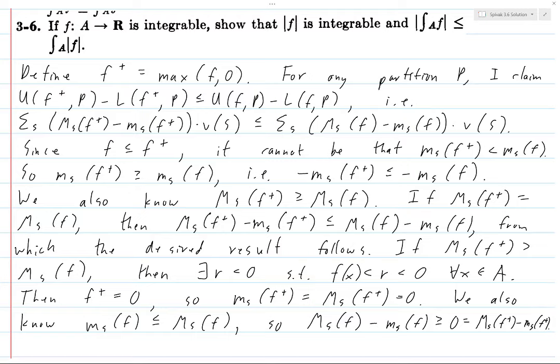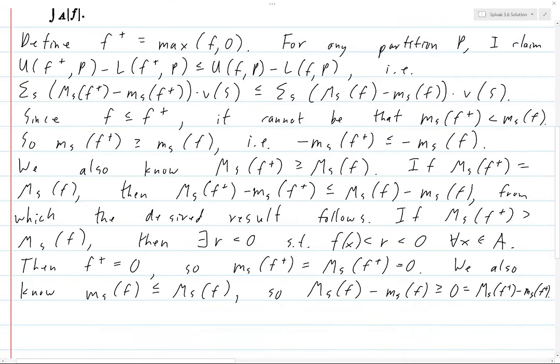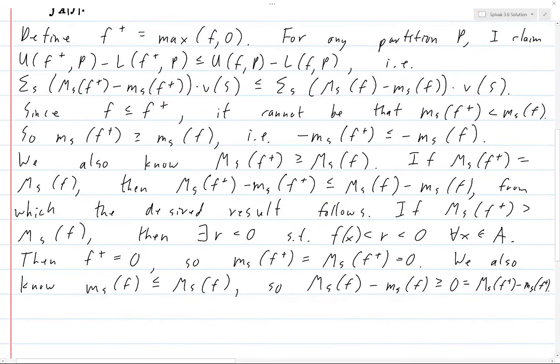But I still like being able to use excluded middle. I also like being able to use the axiom of choice, so I don't really sweat too much about this. But anyways, the important thing is that we've proven this thing.